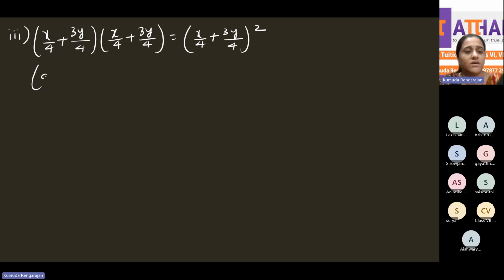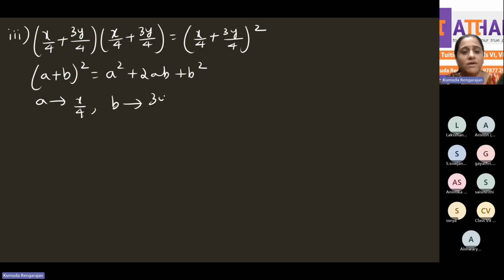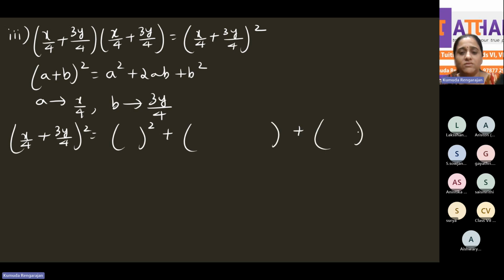So now this is of the form a plus b the whole square, which is a squared plus 2ab plus b squared, where a is x by 4 and b is 3y by 4. So the question is equal to a squared plus 2 into a into b plus b squared.